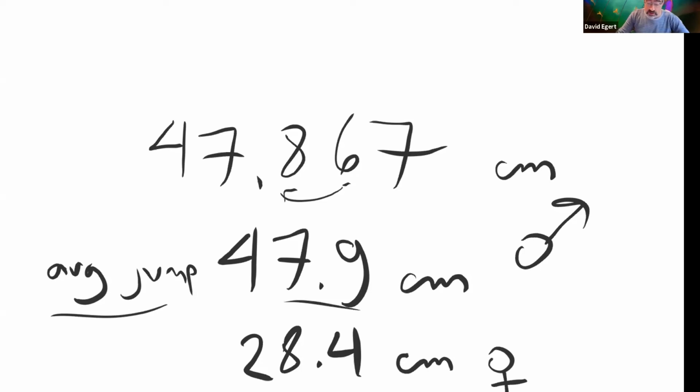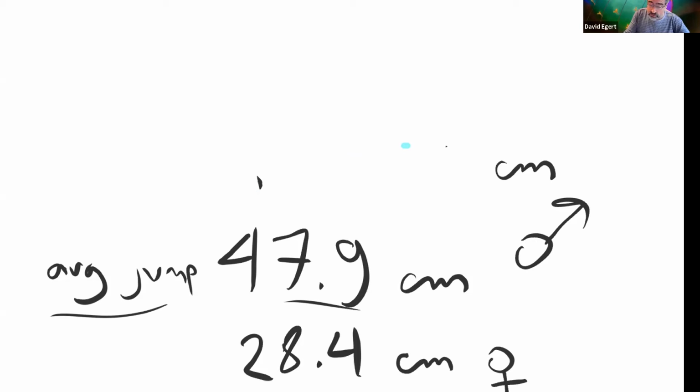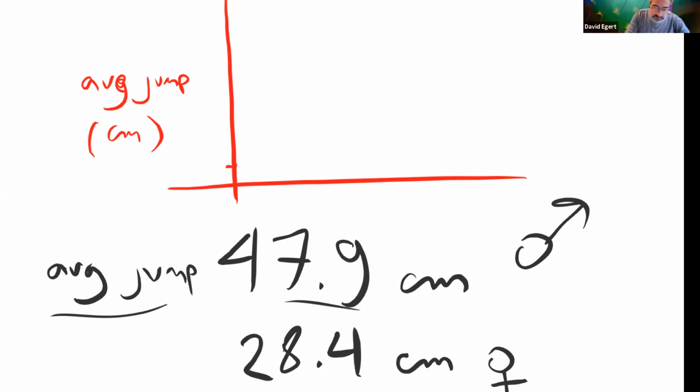And if I wanted to show this in a graph, I would just make a bar graph. This would be a perfect reason to make a bar graph. Average jump in centimeters: 25, 30, 35, 40, 45, 50.